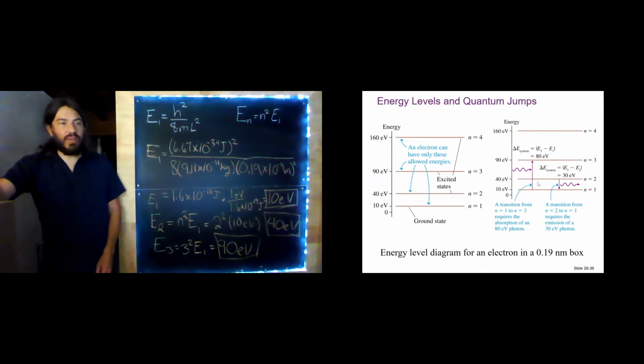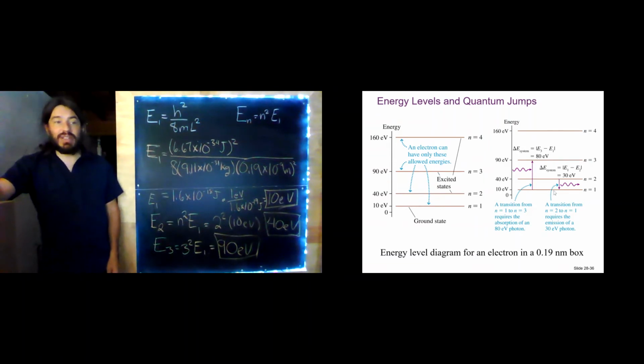And so notice here, it would take 80 electron volts to move this atom from the n equals 1 state to the n equals 3 state. Which means that if a photon came in that was an 80 electron volt photon, then this particle could absorb it and move into the n equals 3 state. Let's say that the particle was in the n equals 2 state. I don't know, it got there somehow.